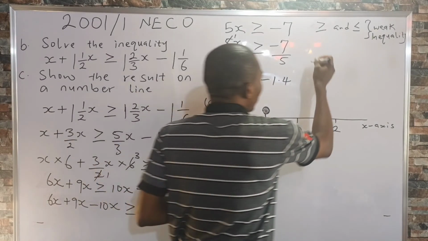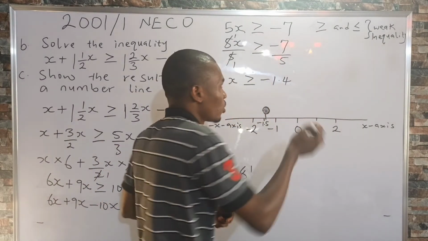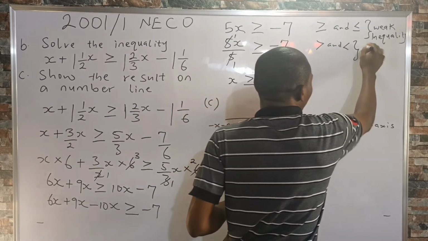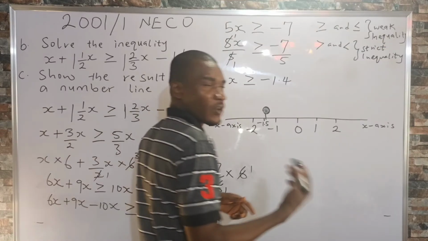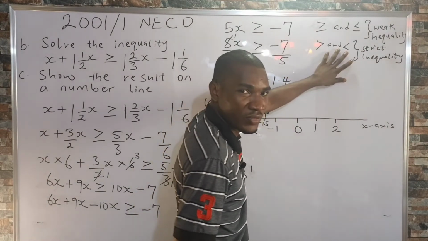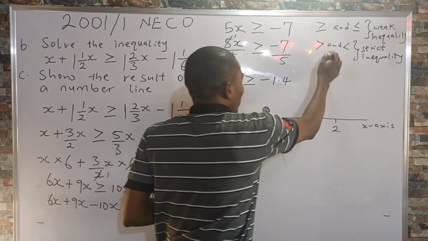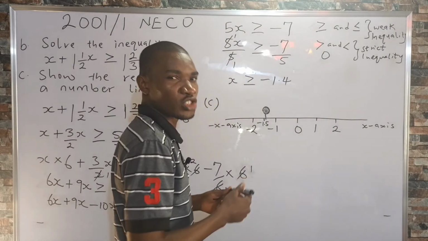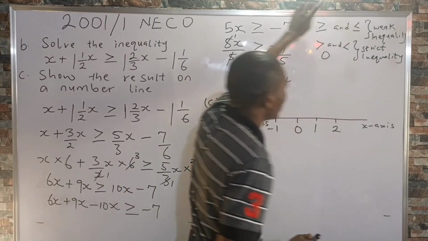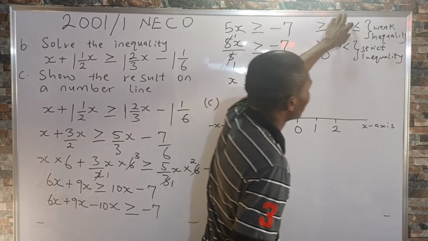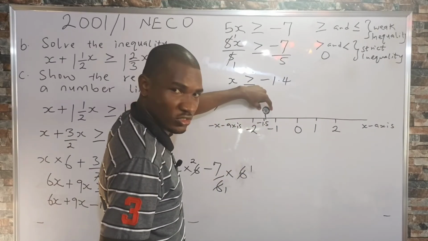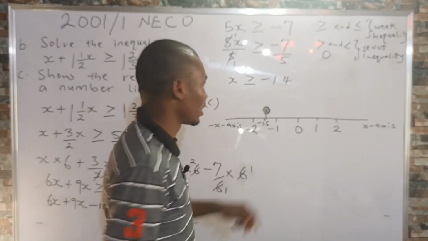Then for strong or strict inequalities like greater than and less than, we use an open dot that is unshaded. But when we are considering weak inequality, which is greater than or equal to and less than or equal to, we use a shaded dot to represent it on a number line.